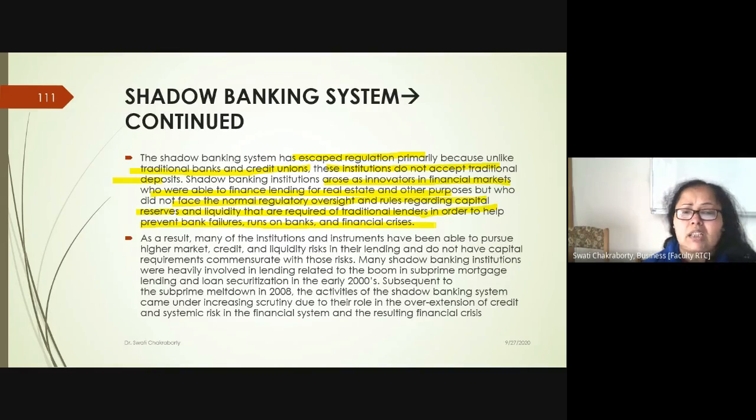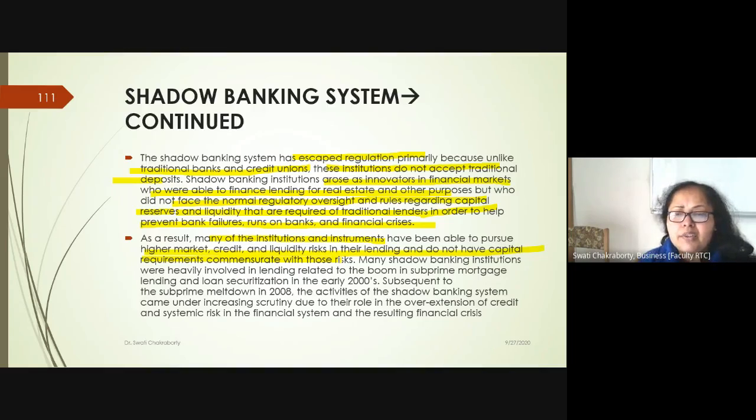So it came from those who were able to finance lending for real estate and other purposes, but who do not face any normal regulatory oversight. As a result, many of the institutions and instruments have been able to pursue higher market credit and higher liquidity risk in their lending, and do not have capital requirements commensurate with those risks.